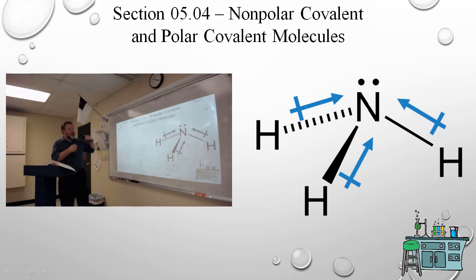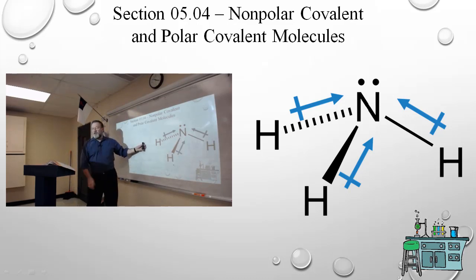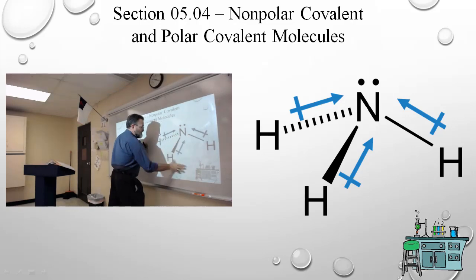So if I were to bring a positive charge, let's say that my pointer/remote is a positively charged item. As I bring it in from screen left towards here, what's going to happen to that molecule? Remember, this side down here is positively charged.